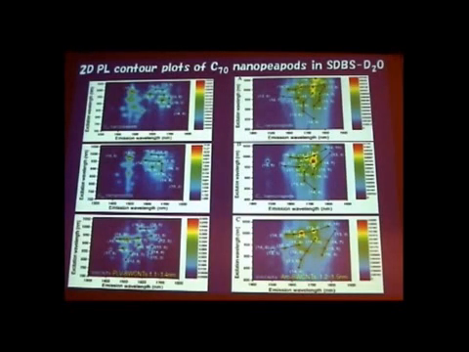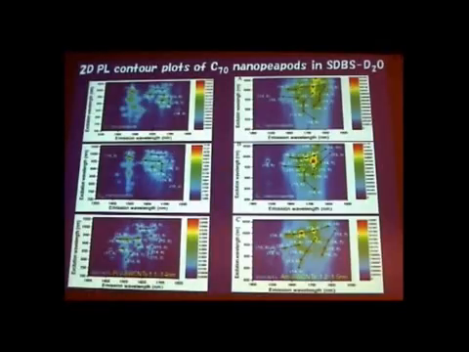So two types means differently prepared. On this side we have more thinner tubes. On the right-hand side we have more thicker tubes, so the distribution is different.